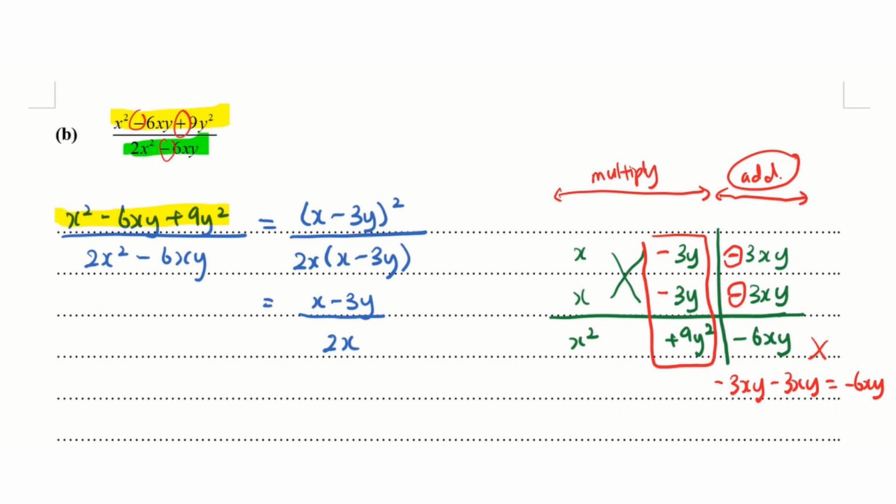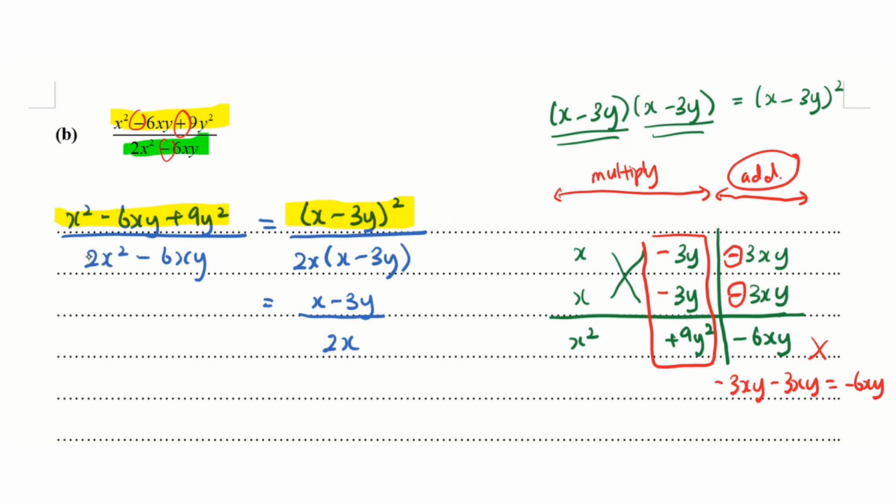So this will be the correct factorization using the cross method, and the answer will be x minus 3y times x minus 3y. Because these two things are the same, it is the same as x minus 3y bracket squared. That is the reason why I have x minus 3y bracket squared on the numerator here.